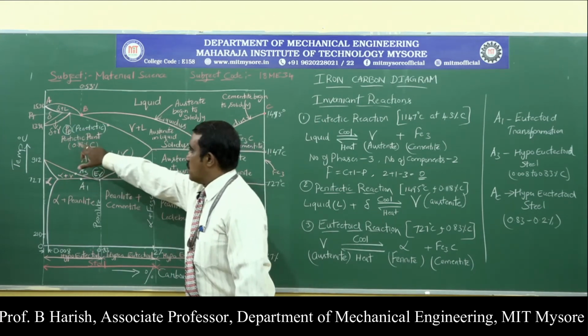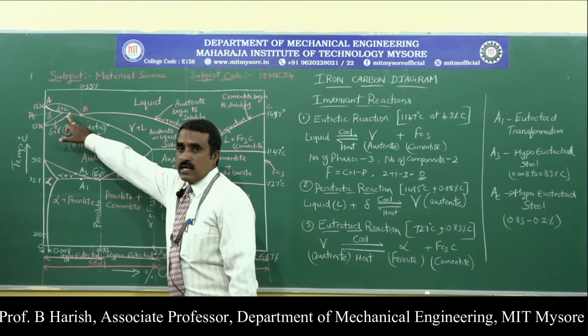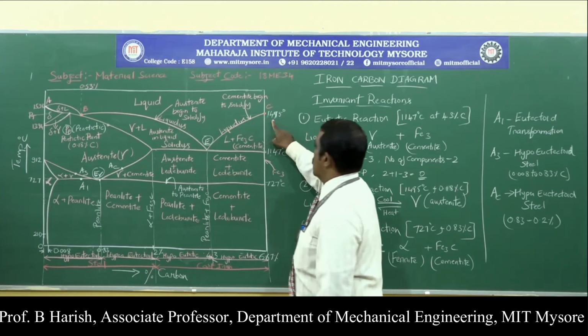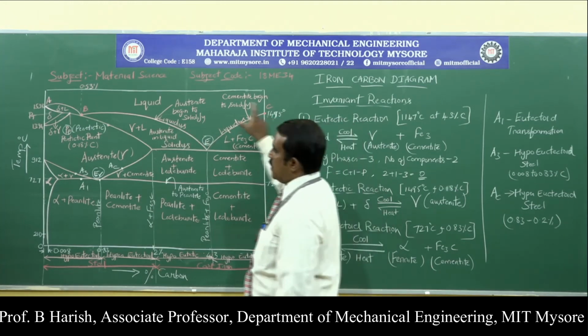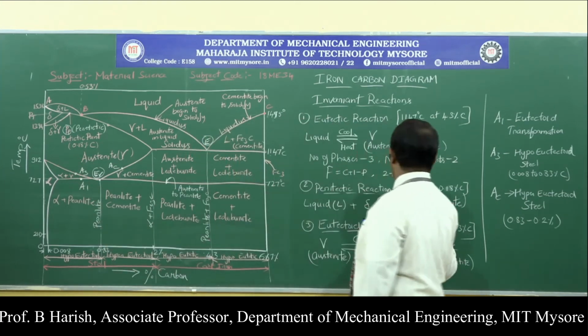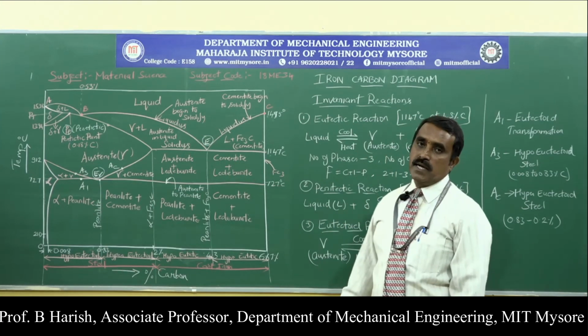This is called the peritectic point, where we come across this peritectic reaction. If you draw a horizontal line at 1495 degrees centigrade at a carbon content of 0.18%, that is where we come across the peritectic reaction.